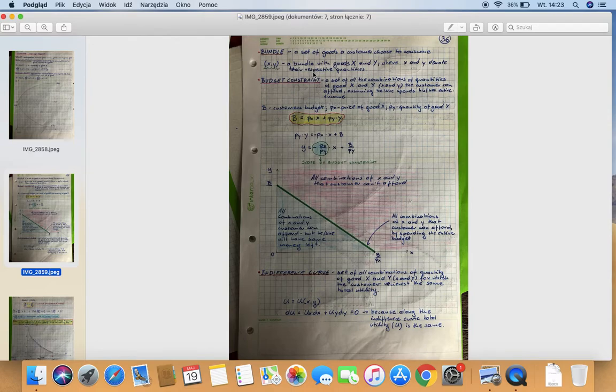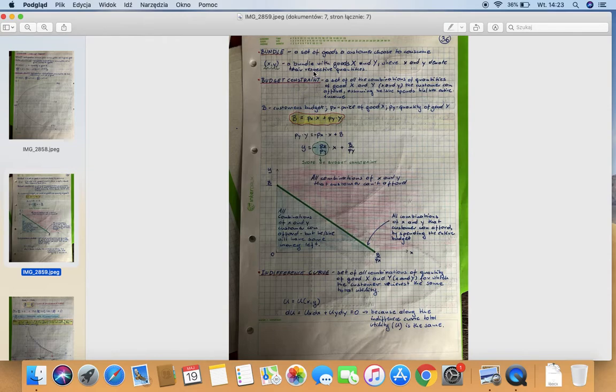Okay, next thing is that when we purchase goods, of course we do not have unlimited resources. So the next tool we're going to introduce is a budget constraint. A budget constraint is simply the set of all the combinations of quantities of good X and Y that a customer can afford.